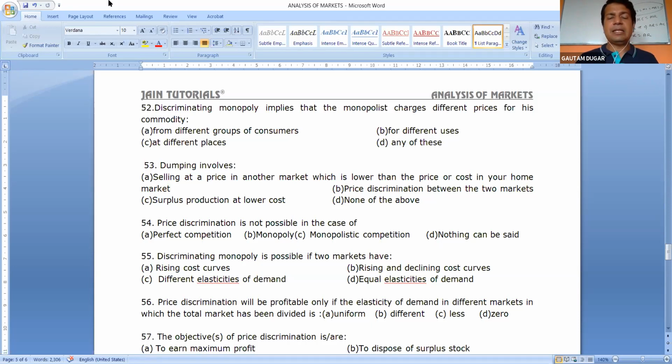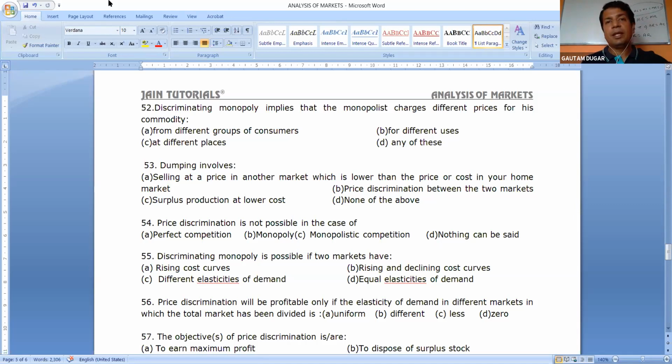In a market having elasticity greater than 1, the monopolist charges a lower price, and in a market having elasticity less than 1, a higher price is charged. Both these taken together will increase the profit of the monopolist.